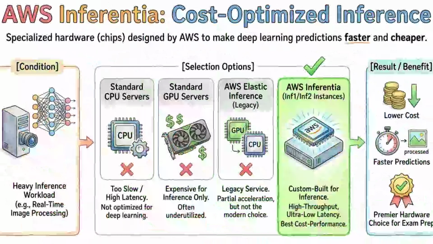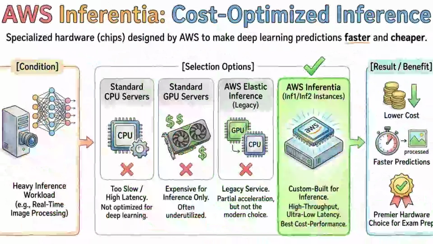When your model needs to handle high-throughput, heavy computing tasks like real-time image processing, standard CPU servers might become too slow or expensive, requiring you to utilize specialized hardware accelerators. Amazon Elastic Inference was historically a common choice for attaching partial GPU acceleration to reduce costs, but modern AWS architectures heavily emphasize specialized instance families like AWS Inferentia.